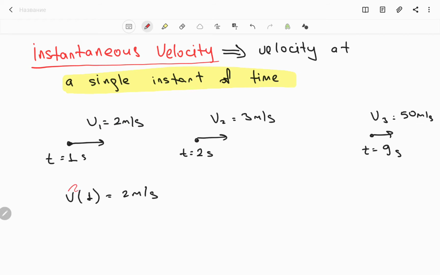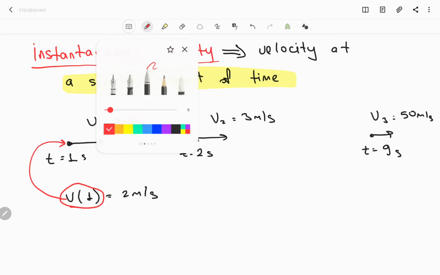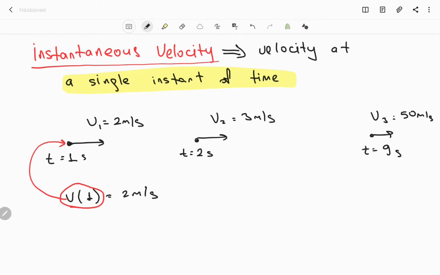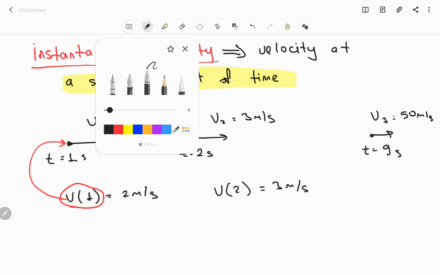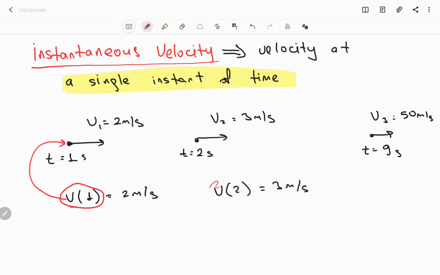So we call this instantaneous velocity at 1 second. And instantaneous velocity when time was equal to 2 seconds is equal to 3 meters per second. Because this is the velocity when time was equal to 2, we call this instantaneous velocity at 2 seconds.